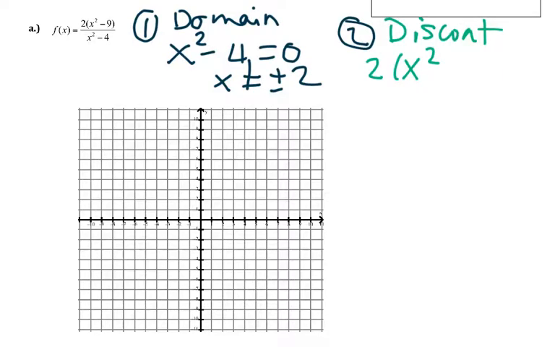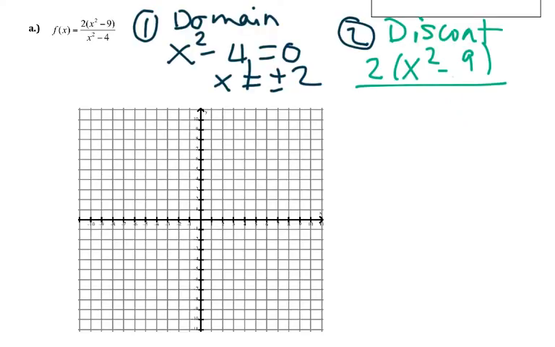So we have x squared minus 9 over, and we just factor the denominator, which is x minus 2 times x plus 2.